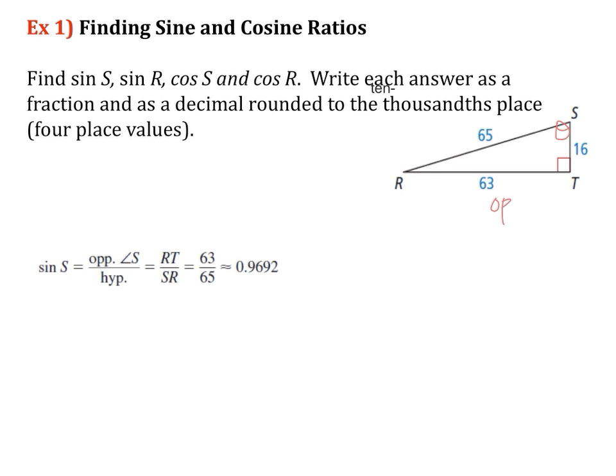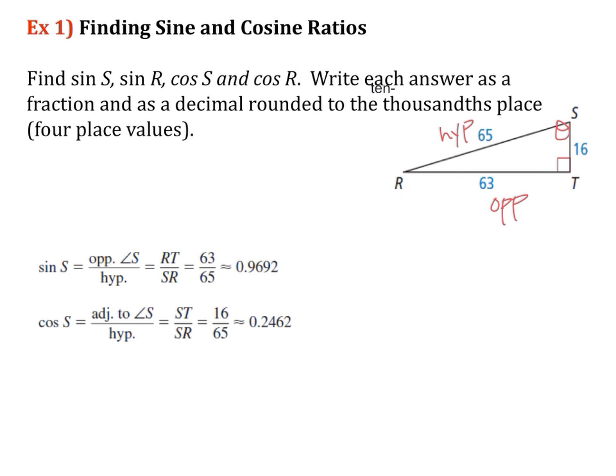So here's my opposite, and here's my hypotenuse. So I would be getting the length of RT divided by the length of SR. Substitute my values, so 63 divided by 65. Type that in the calculator, hit enter, and you should get 0.9692.